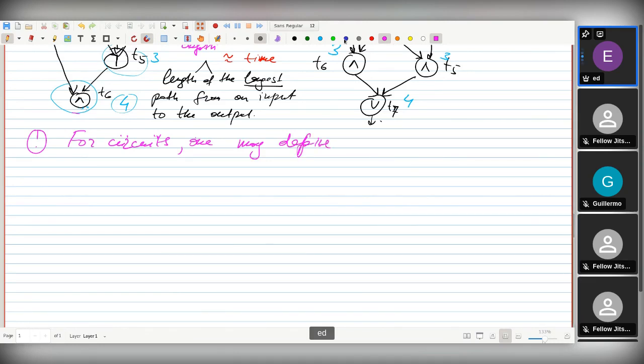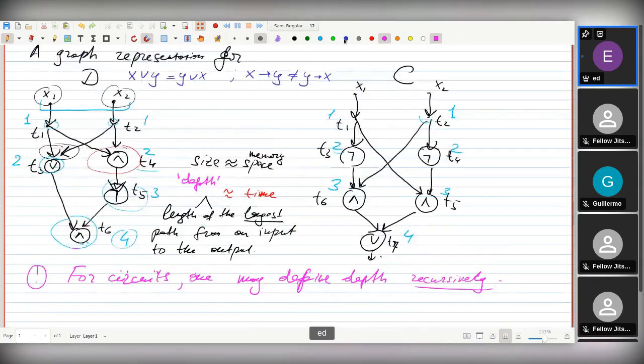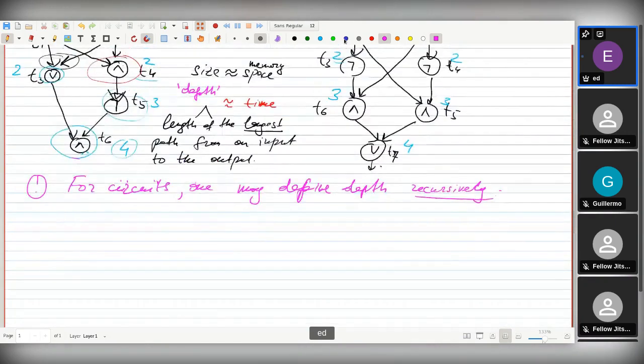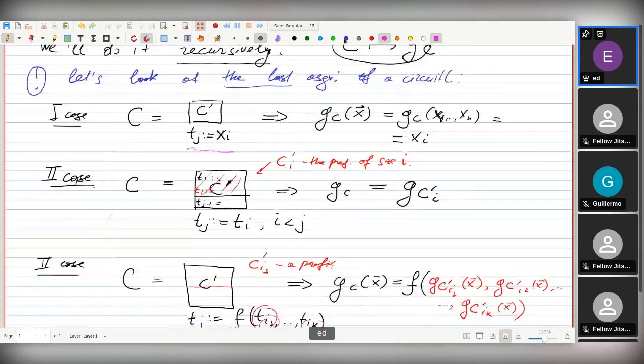One can define depth recursively. Depth is the maximum distance from an input to this node. So we will have our three familiar cases. When our node is immediately an input, what will the depth be?